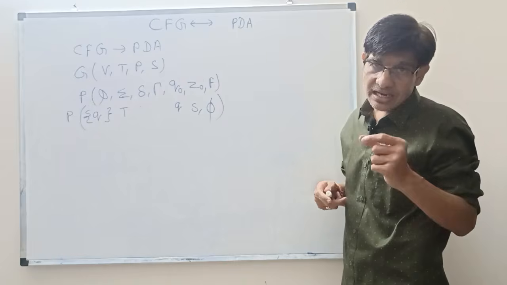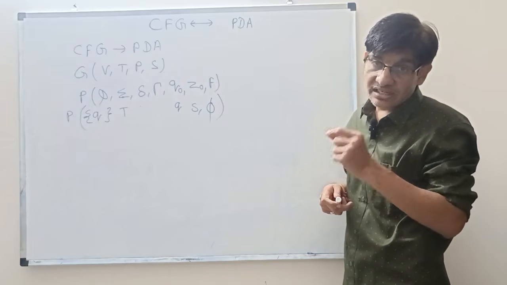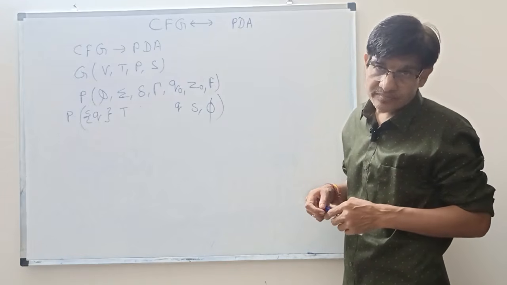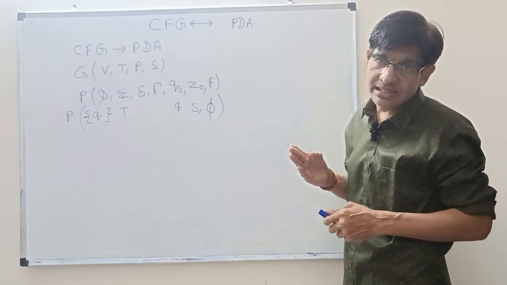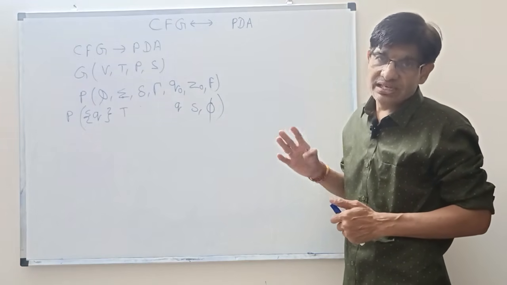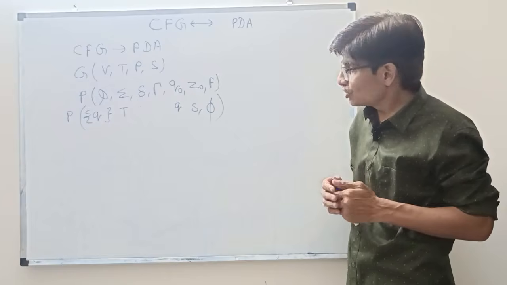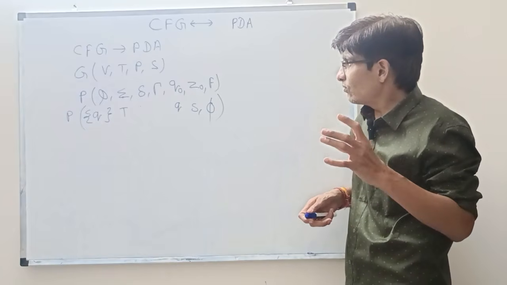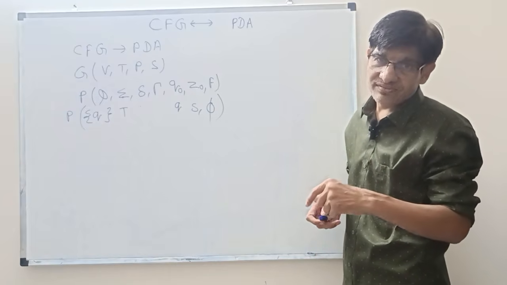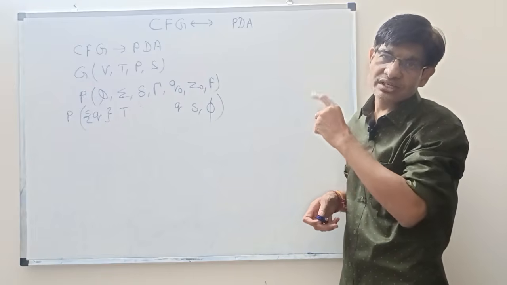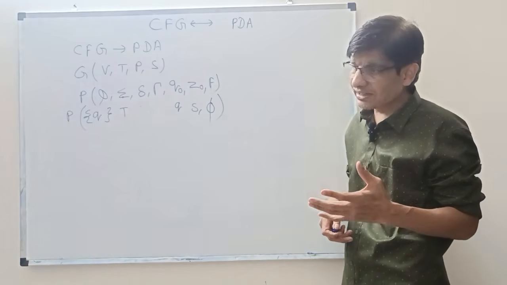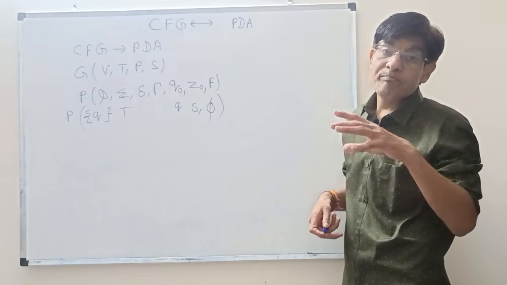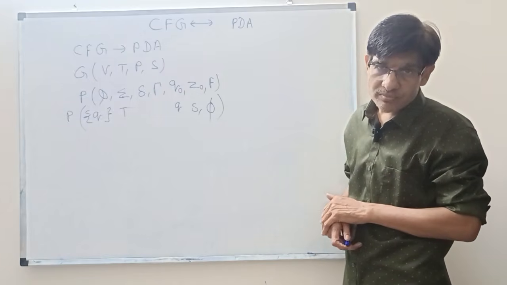GNF is generally implemented with a PDA. For PDA kind of implementation, GNF is a very useful normal form. So if your grammar is in GNF, then it is very easy to convert it into PDA. So you can say GNF is the PDA friendly normal form.